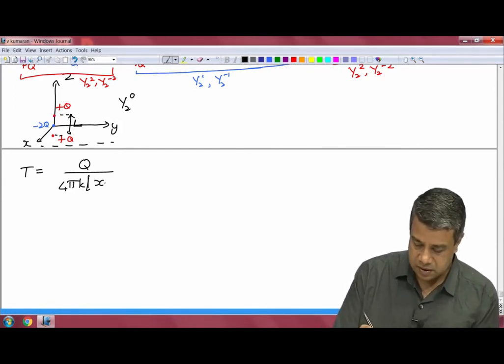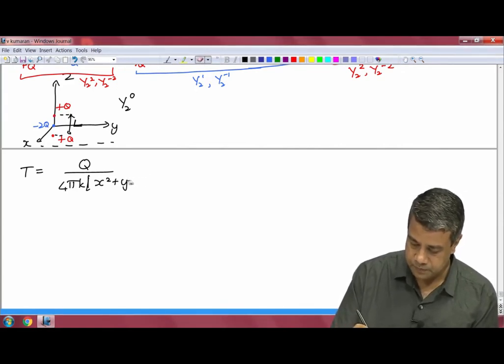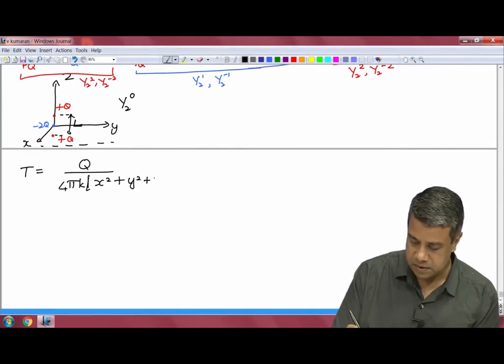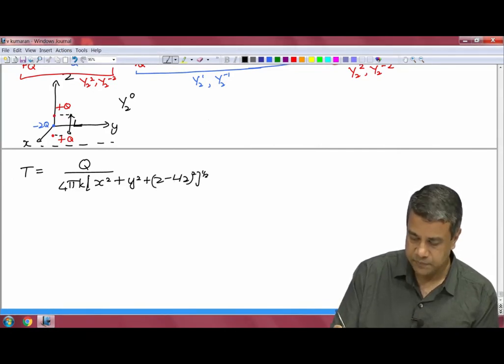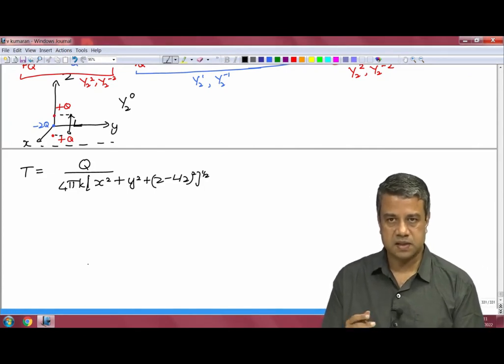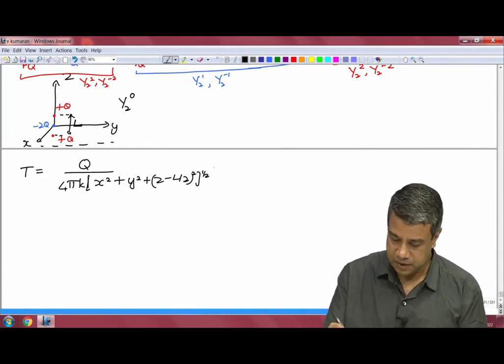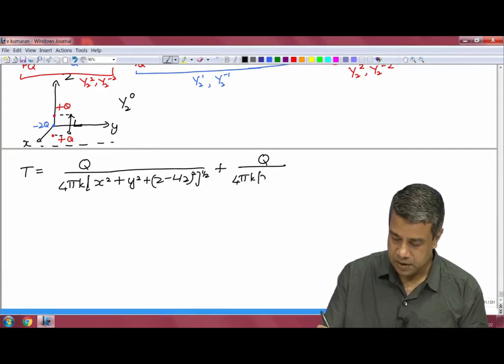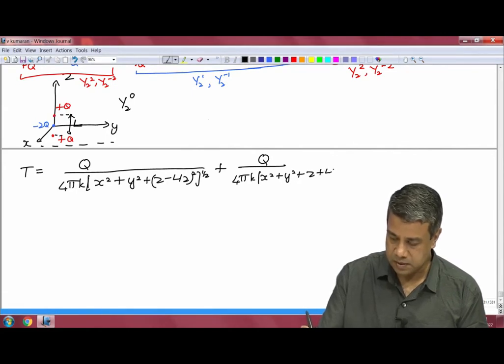So, I will get x square plus y square plus z minus L by 2 the whole square, whole power half. That is one source, in the plus z coordinate. Plus the second source, which is q by 4 pi k into x square plus y square plus z plus L by 2 the whole square, whole power half.